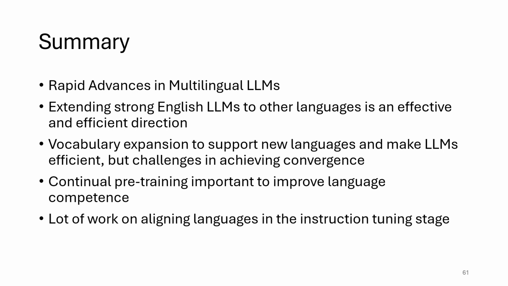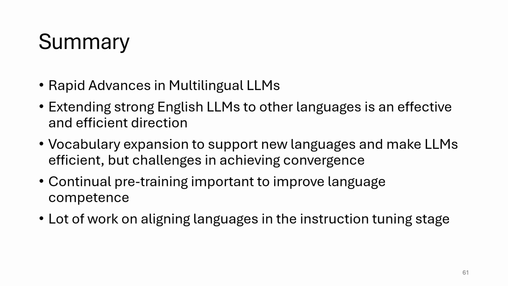They are having better data representation mixes for non-English languages, but still there is a gap between the English performance and other language performance, and therefore a lot of these techniques that we discussed today about continued pre-training, vocabulary expansion, and work on instruction fine-tuning in a multilingual setting is important.